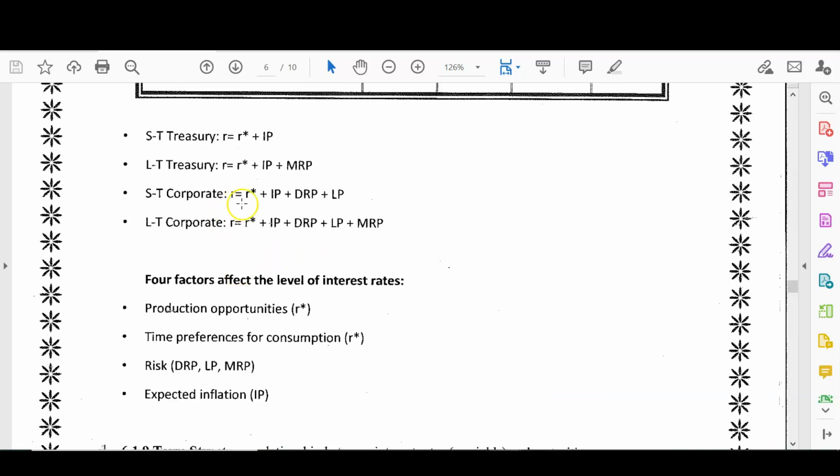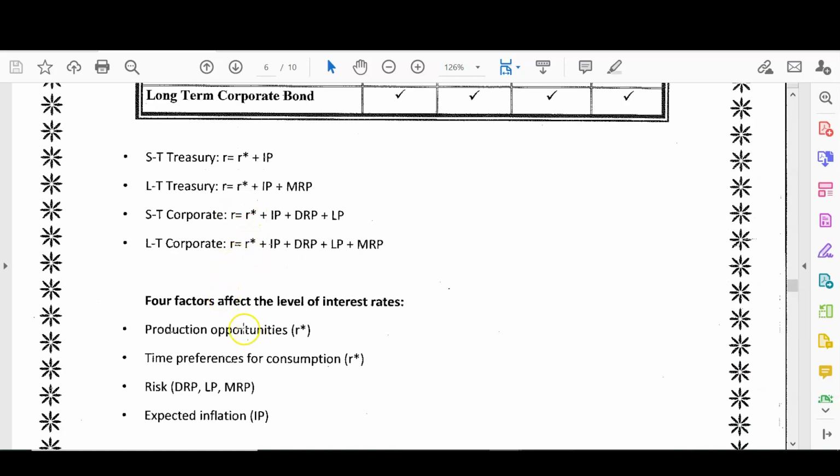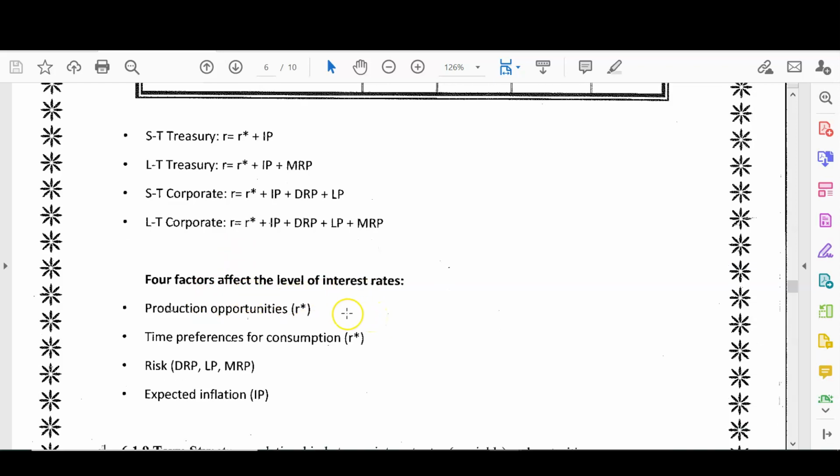All these premiums also represent the factors that affect the level of interest rates. The R star, the real risk-free rate, represents production opportunities and time preferences for consumption.